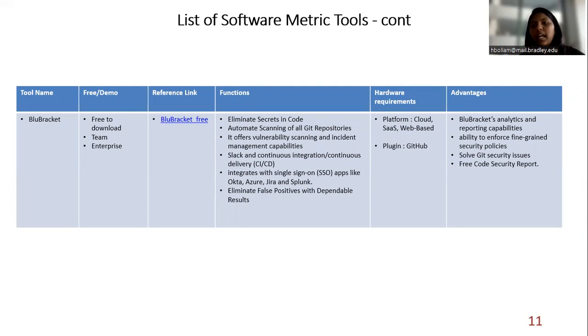And coming to the advantages, Blue Bracket's analytics and reporting capabilities will help to achieve our code security, and it can solve the issues in our GitHub, and it provides a free security report based on our code.